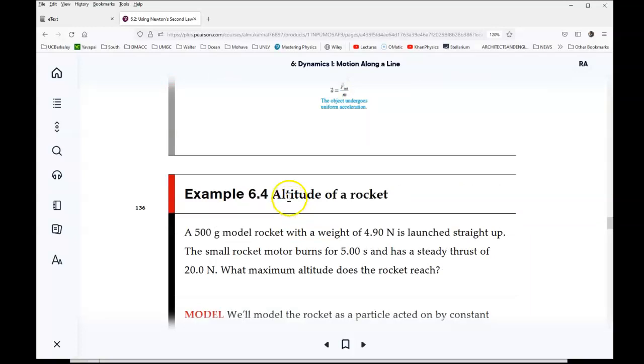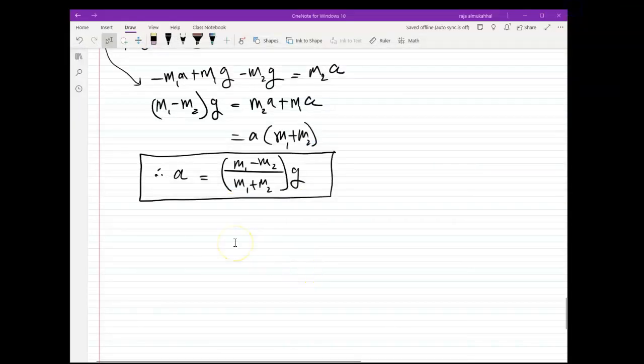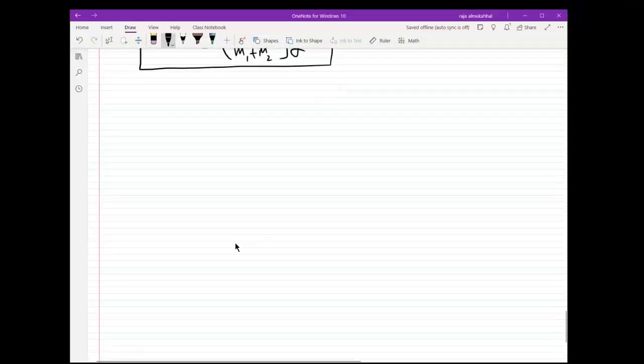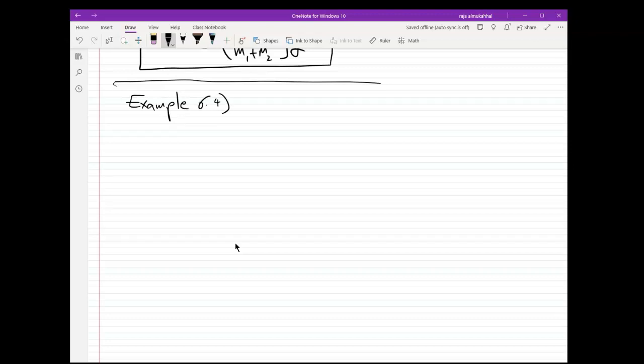Anyway, so let's draw a picture of this thing. So you have a rocket that looks something like that. Here it is.